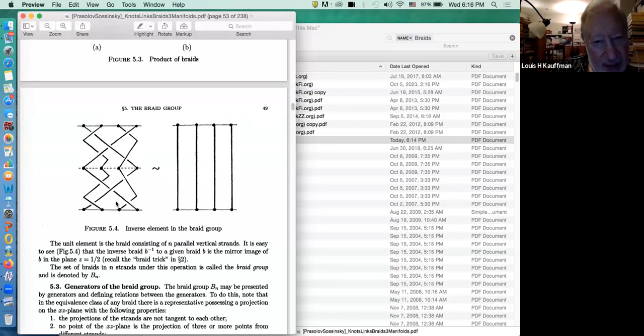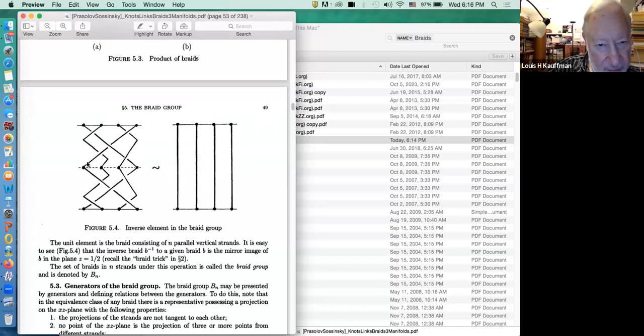In fact, the inverse of an element in the braid group is obtained by taking a kind of mirror image. If you think of this braid as standing next to a pool, and this braid then is the image in the pool of what this braid would look like. You see that? Here's this braid.